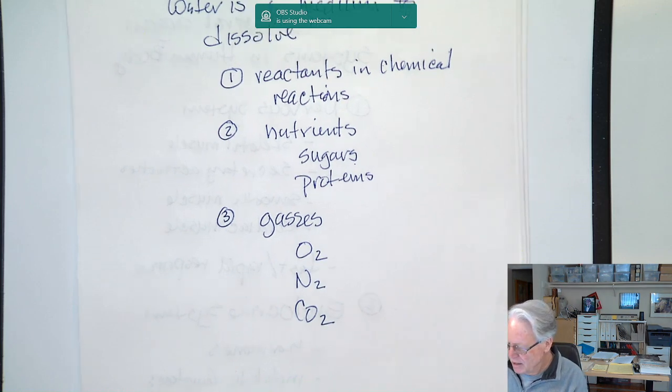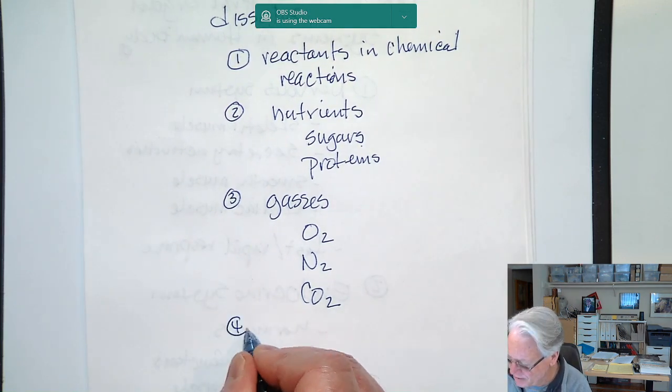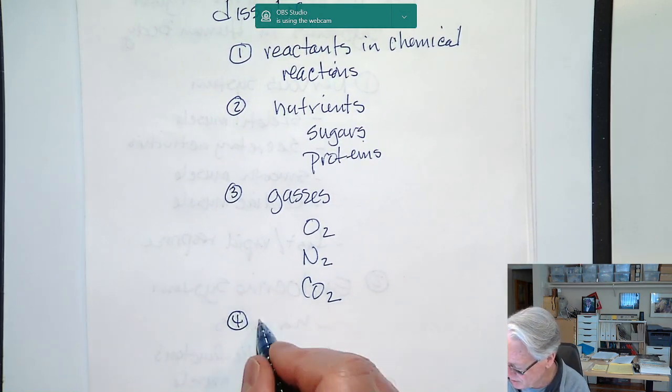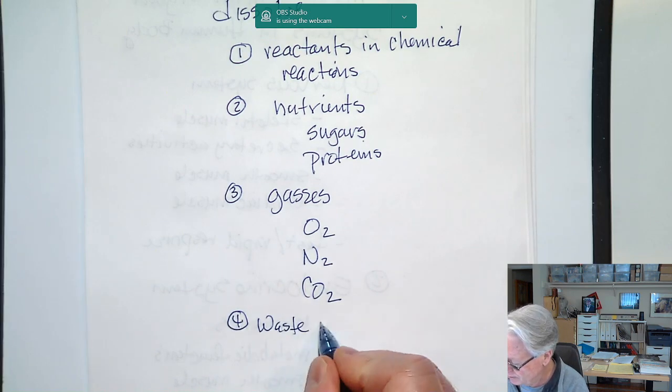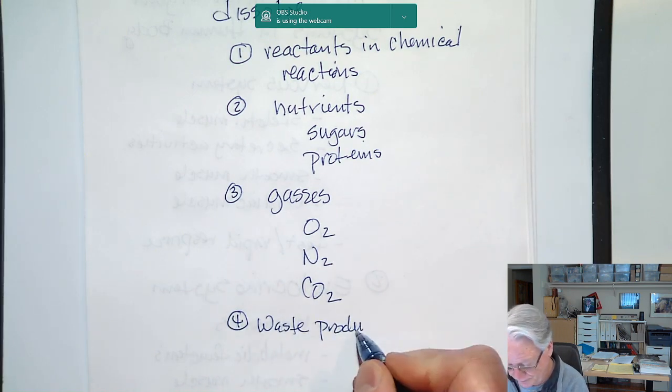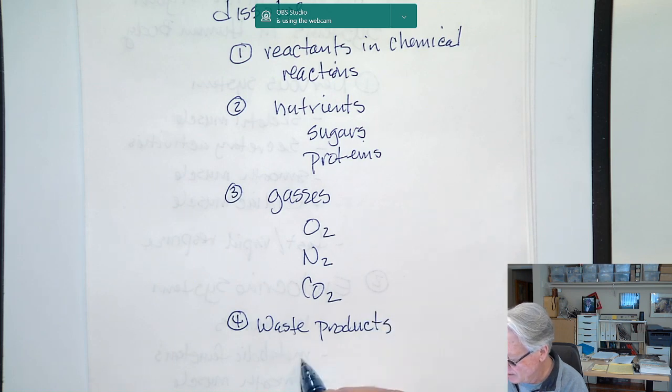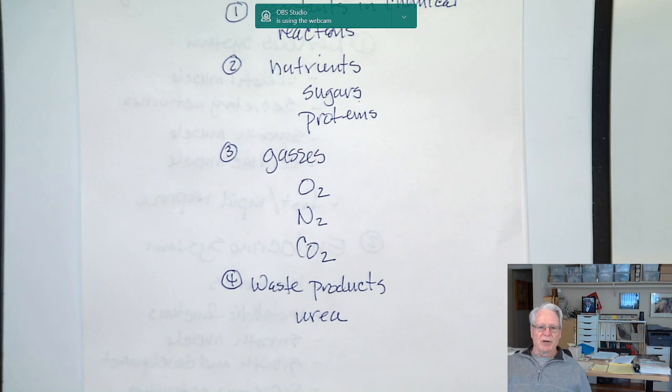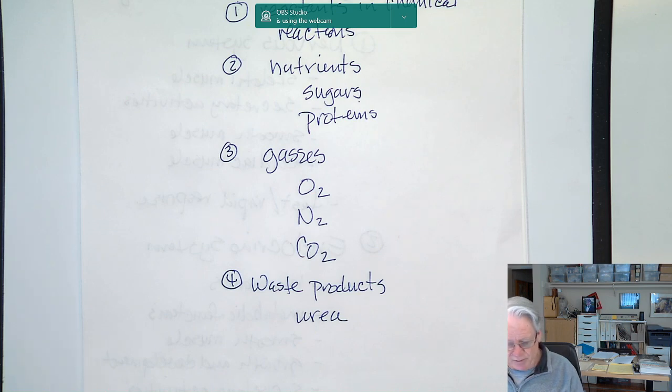Okay. And finally, the 4th thing on our list would be waste products. Urea is a good example of that. So many of the waste products that our body produces can be dissolved in water. Again, a good thing because we can then transport it to the appropriate organ and get rid of it through the mechanisms that are available in our body.